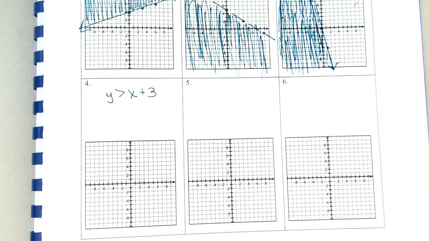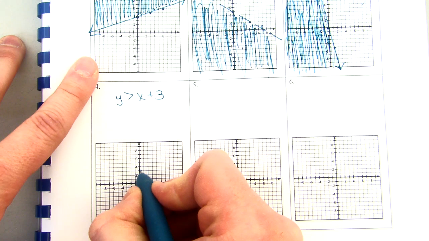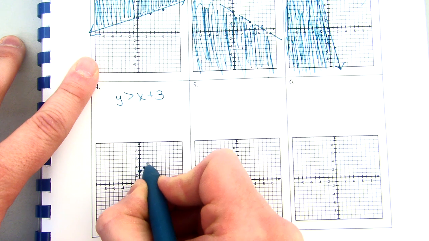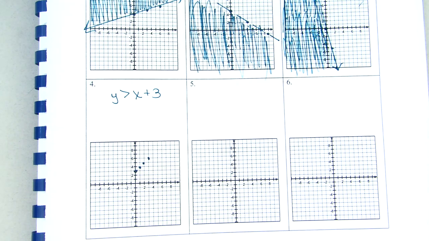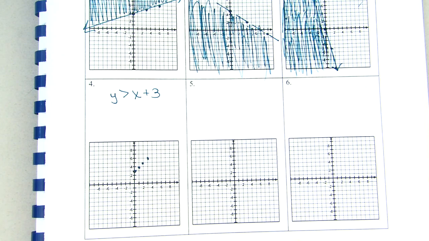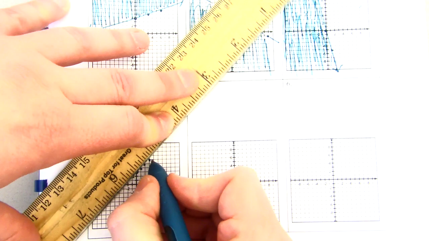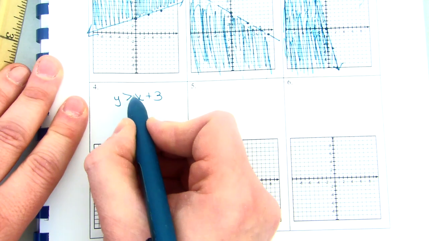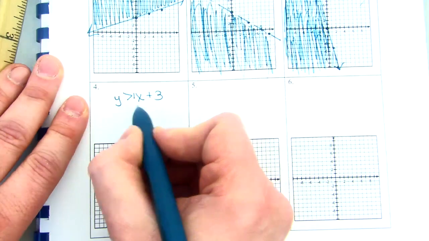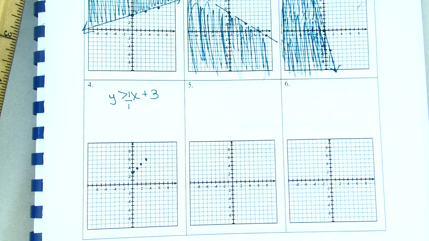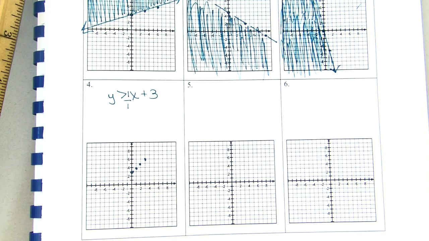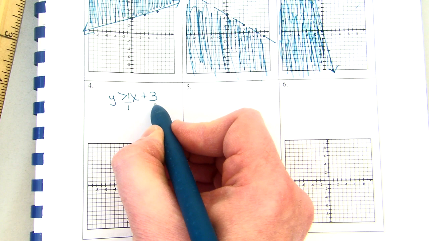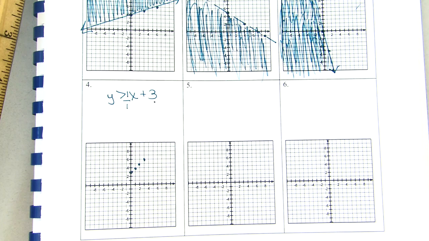What's your slope, by the way? 1 over 1. It is a dash line. Because isn't the number before the x a 1? 1 over 1 is my slope. You're starting at 3, at that y-intercept over there.